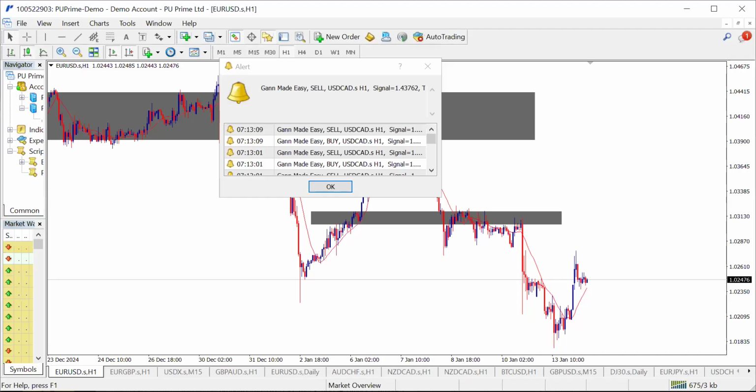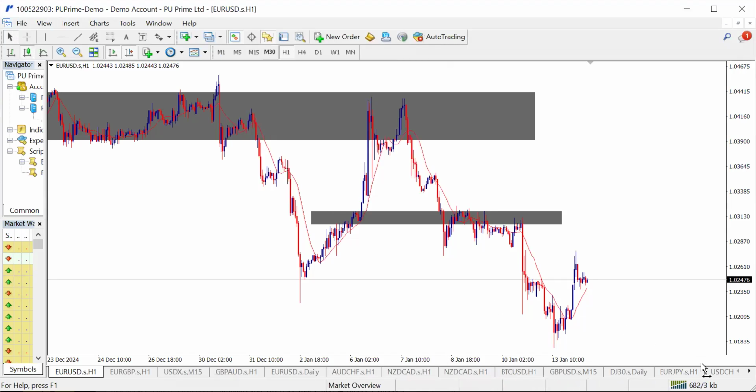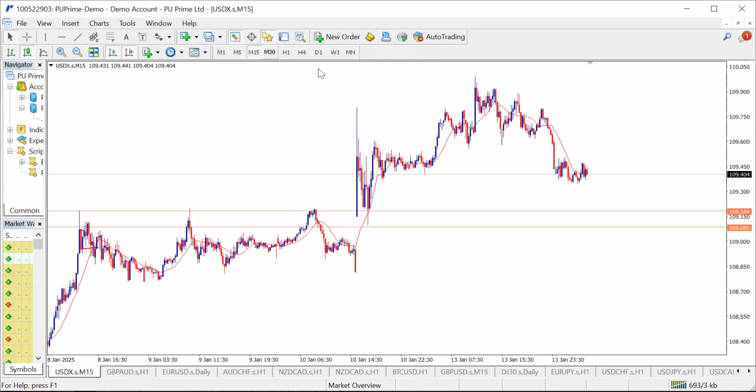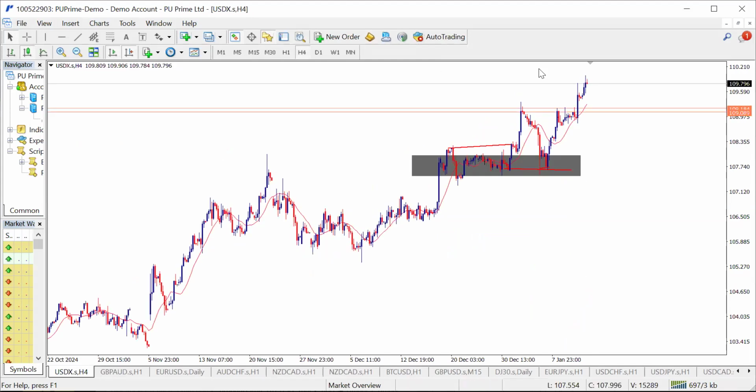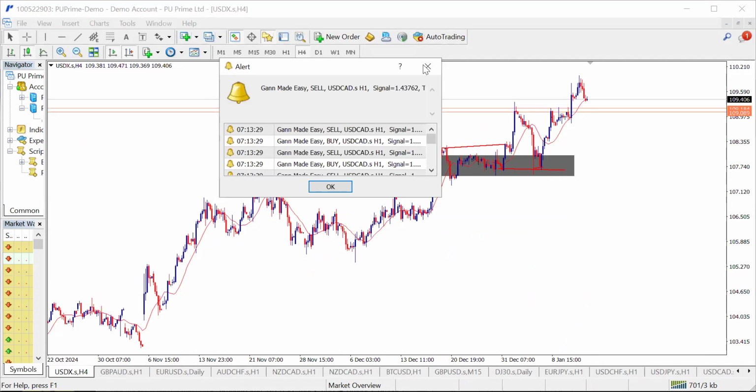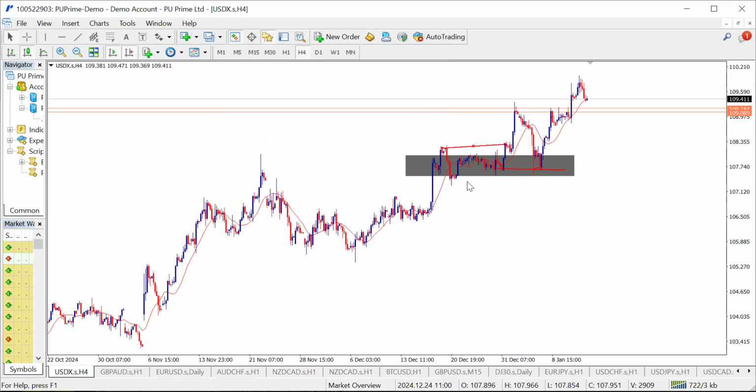Of which right now, I'll start off from the US index, of which I'm going to start off from the 4 hours time frame so that we get to see the movement we're expecting from the 4 hours time frame.